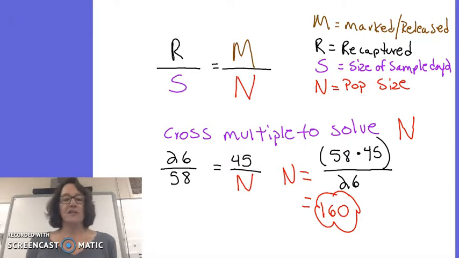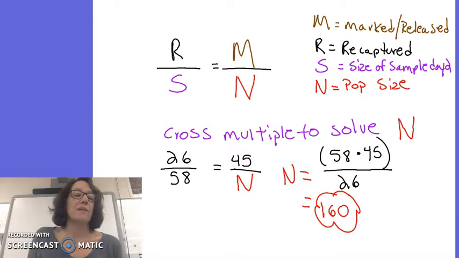So you look at this and see that it's pretty easy to cross multiply or rework that equation so that in this case N is equal to 45 times 58 divided by 68, or we would estimate the size of the population to be 160.